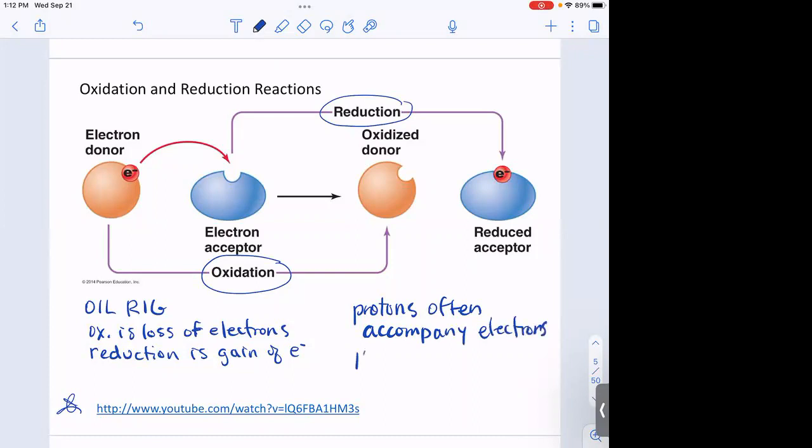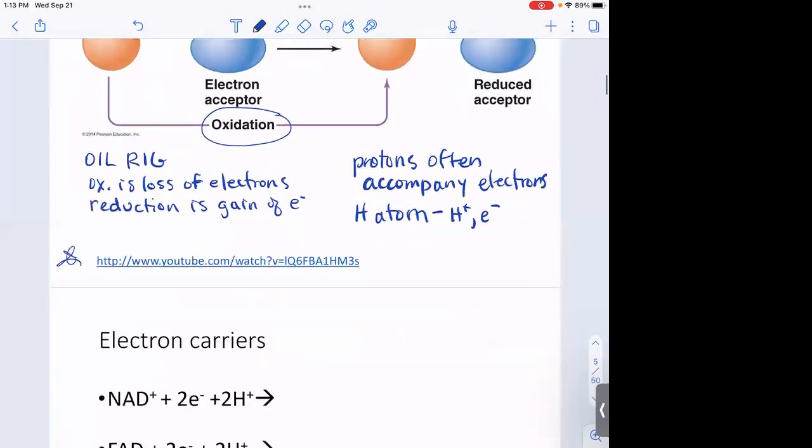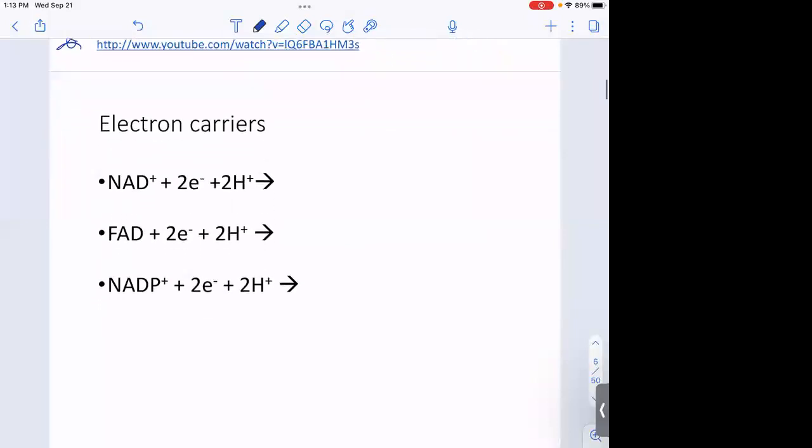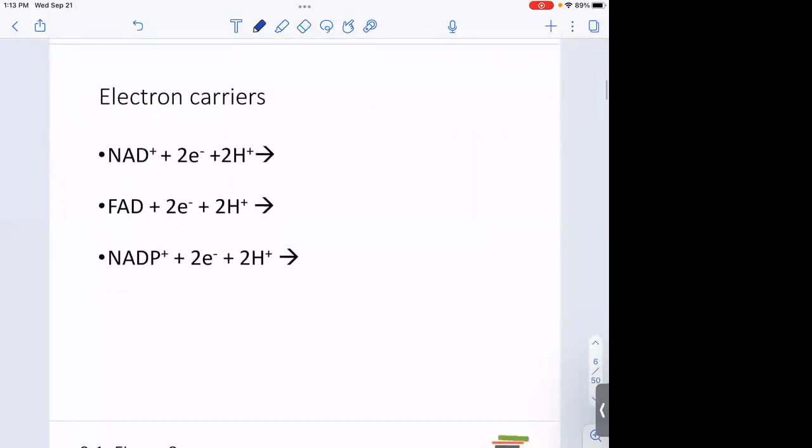A hydrogen atom, for instance, is made of a proton and an electron. So we do see the protons in the equation, and whenever you see a molecule gaining a proton or a hydrogen, remember that there's actually an electron in there too. Those redox reactions are illustrated as we talk about electron carriers.